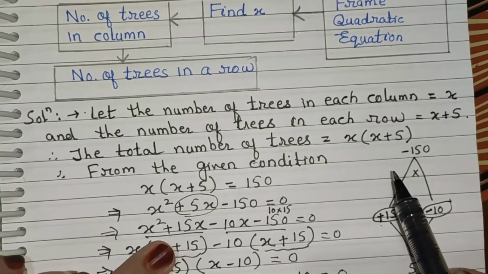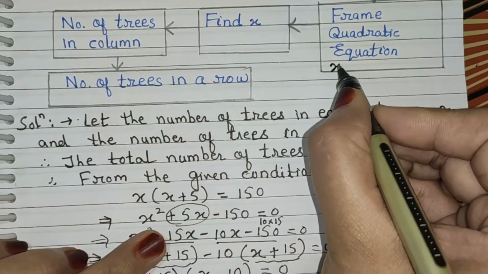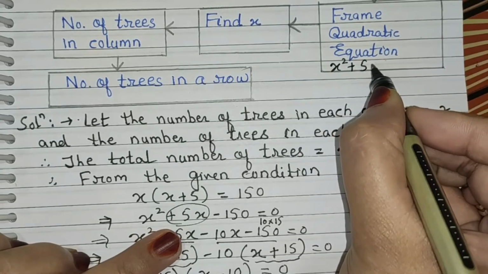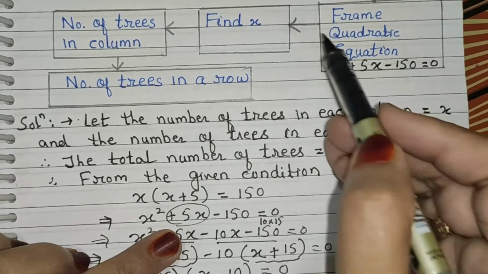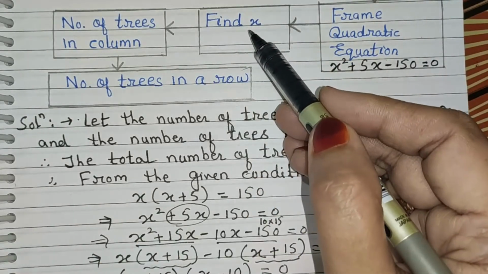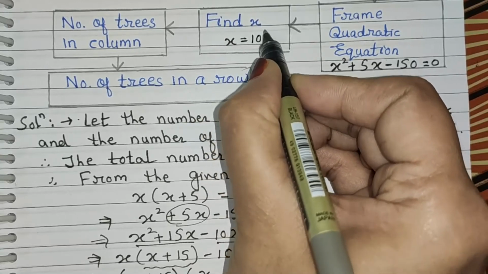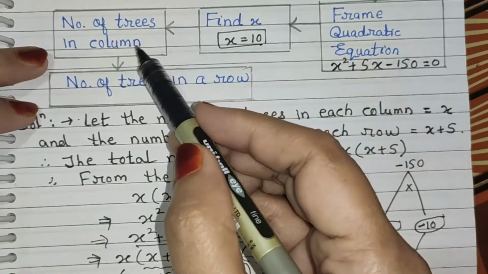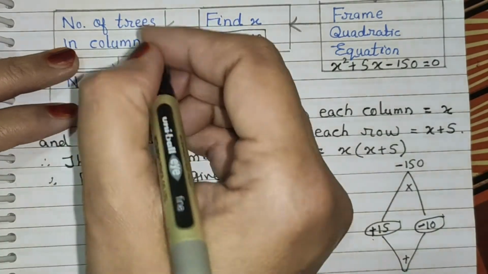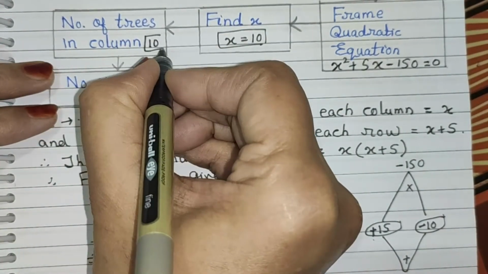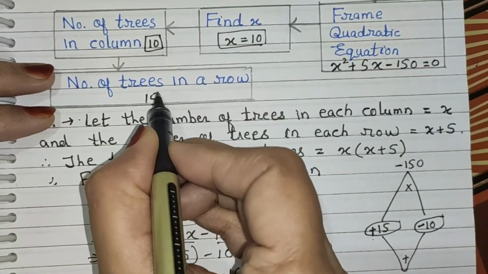Now we get the quadratic equation here, x square plus 5x minus 150 is equal to 0. Now the next one is find x. Now the value of x is equal to 10. Next, number of trees in column is 10. And number of trees in a row which is equal to 15.